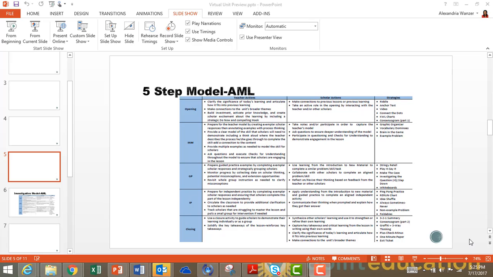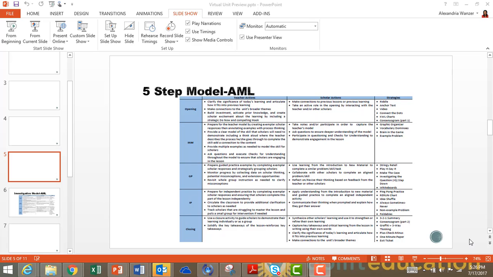Here we have our AMLs, Annotated Model Lesson. We have two different frameworks. The first framework that I'm going to go over is the Instructional Framework 5-Step Model. So this basically is the same as the Gradual Release Model that we already do. You have the opening, which is like the hook and do now.